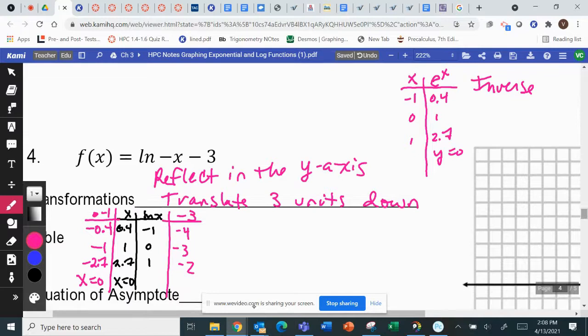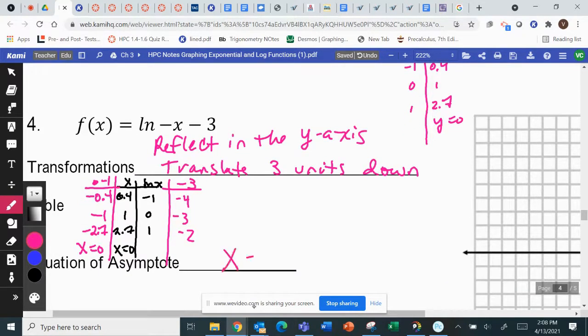So when I multiply my asymptote by any number, it doesn't change. X equals 0.